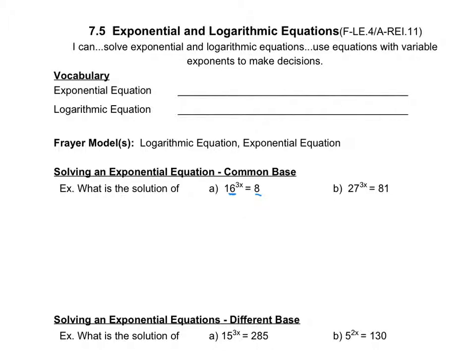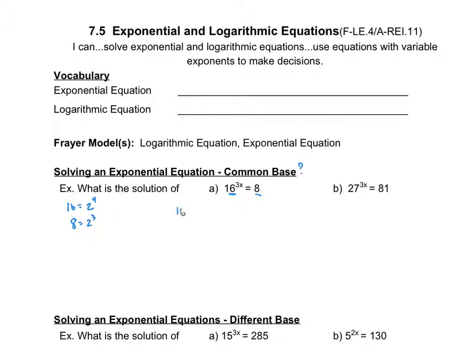So solving this exponential equation, we have a common base. What is the solution? We know that 16 is technically 2 to the 4th, and 8 is 2 to the 3rd, so I can do some substitution.